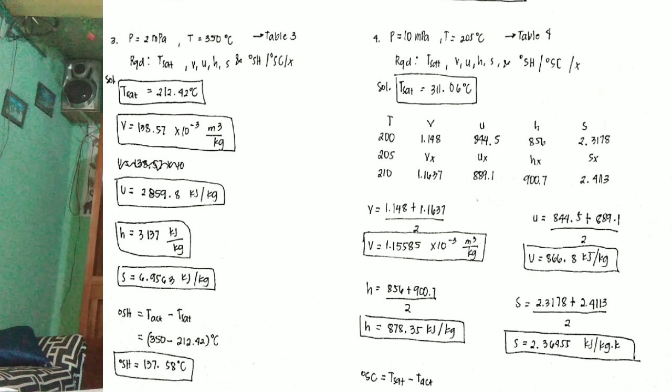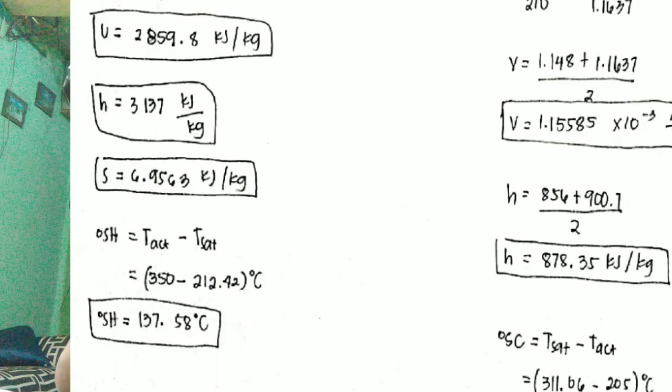Our Tsat, which we got from Table 3 for vapor at 2 megapascals, is 212.42. So, T actual minus Tsat equals 350 minus 212.42 degrees Celsius. We get a superheat value of 137.58 degrees Celsius. And that is right.